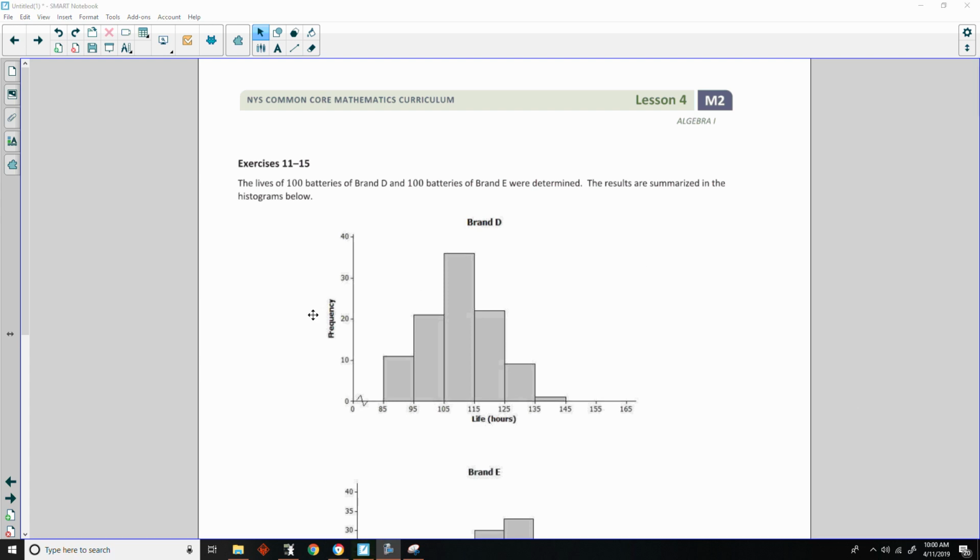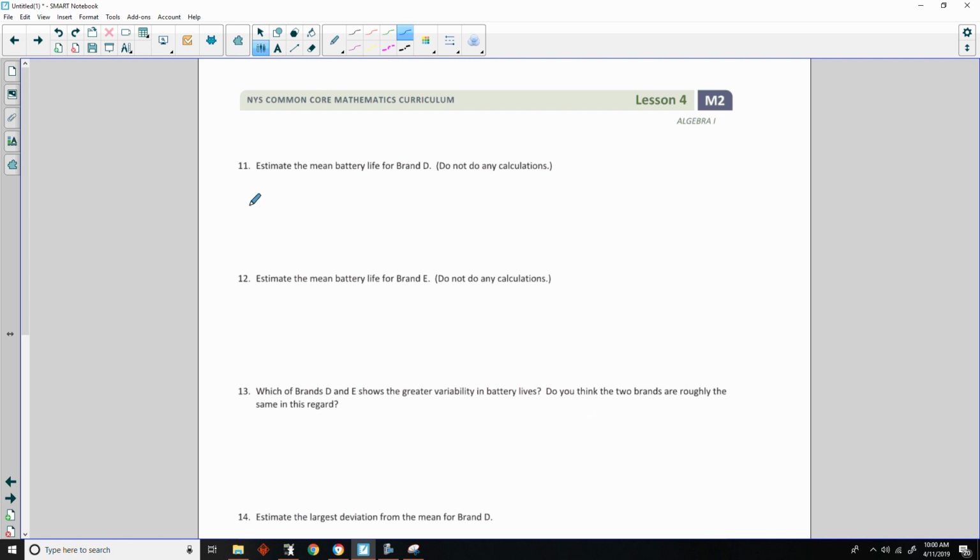Okay, so what I would do is look at this data. I would see that it's mound-shaped. It's pretty much symmetrical. So I would probably think that the mean was smack dab in the middle, halfway between 105 and 115. So I would say approximately 110 hours.